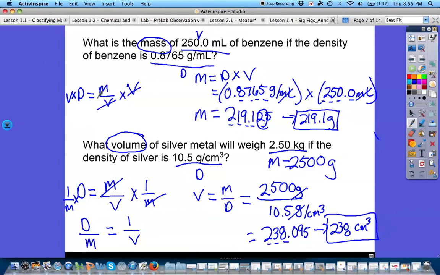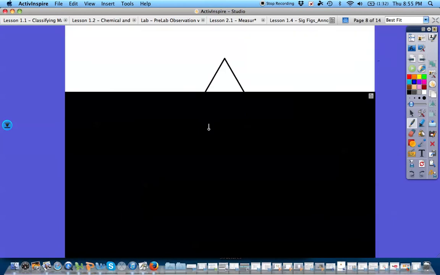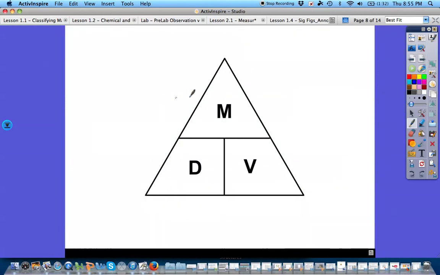So you should be able to rearrange your equations like this, but if you are having trouble with that, you may recognize the density triangle from physical science. Our equation is density equals mass divided by volume.